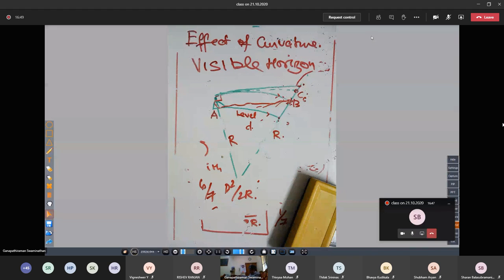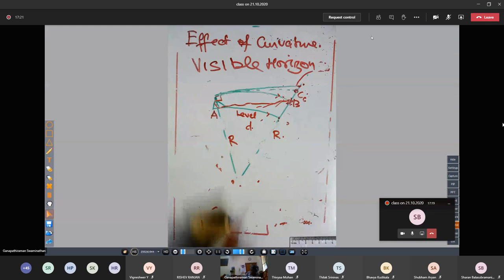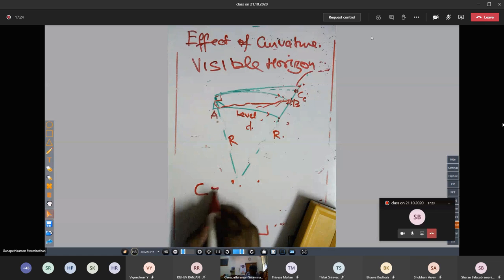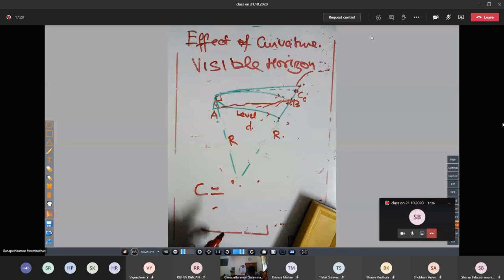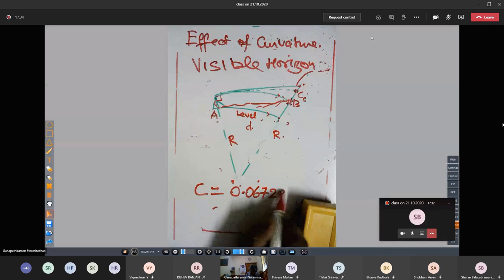So if you are measuring D in kilometer, and R, the radius of Earth, is 6,370 kilometers, what you should remember is the combined net correction is equal to 0.06728 D square.